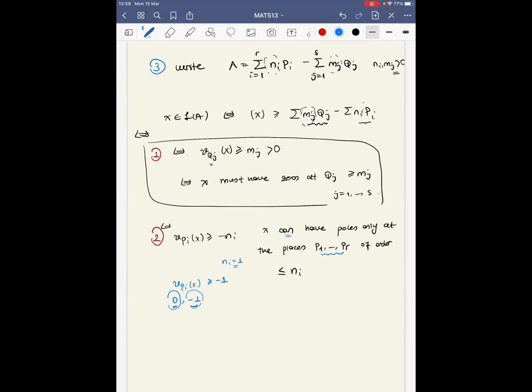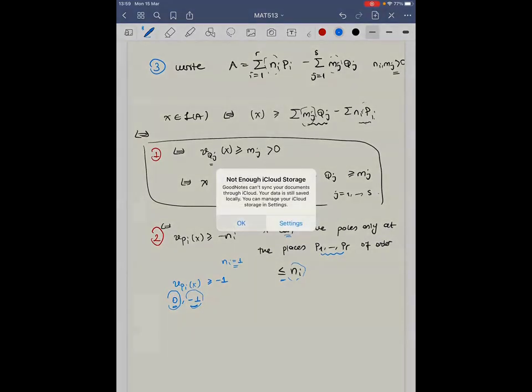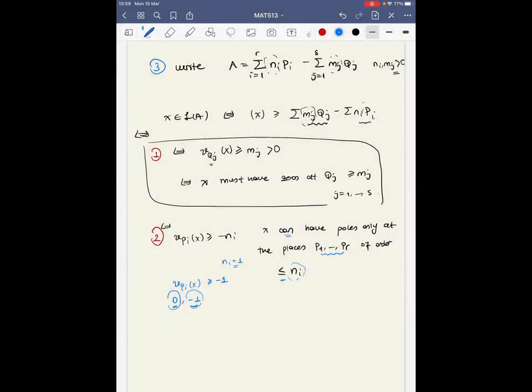And the upper bound for the pole orders can be observed that, if we suppose the function x has a pole at p_i of order 2, in this case minus 2 cannot be bigger than minus 1. So this is why the pole order should be at most n_i.